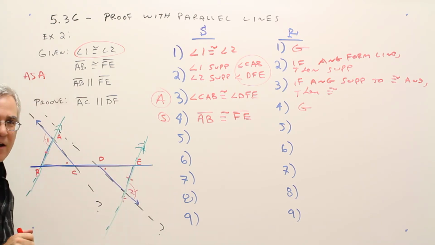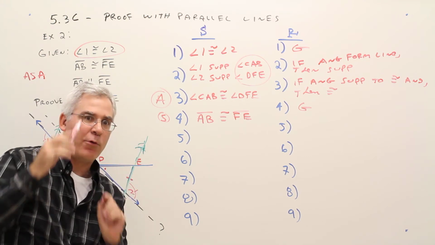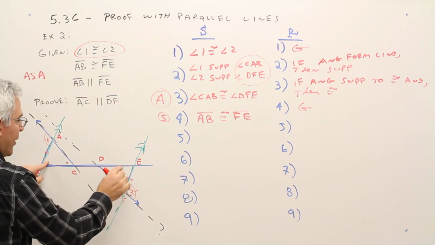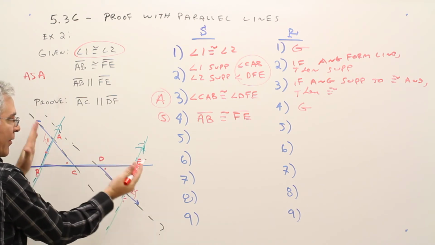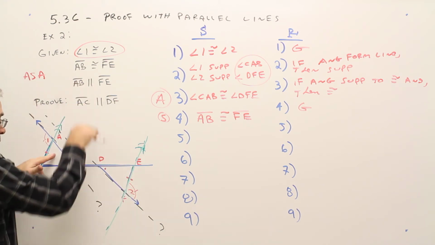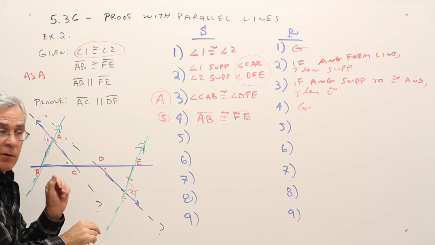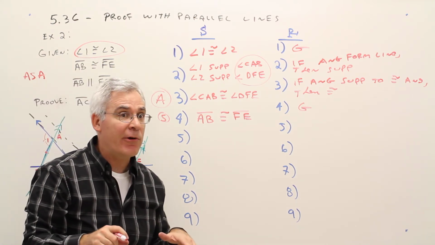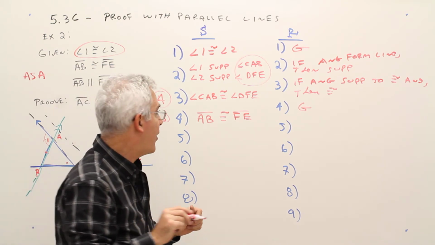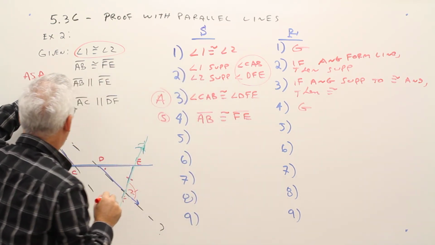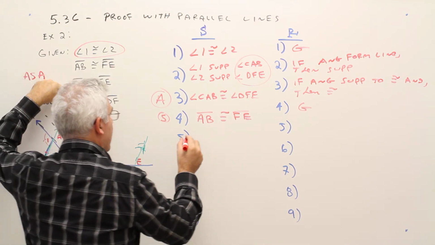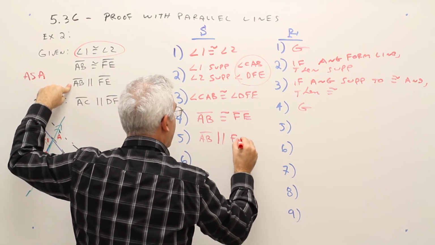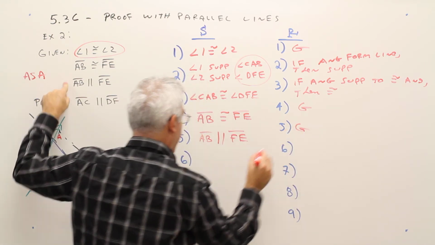So again, it's kind of hard for students when the parallel lines are not horizontal, but you've got to get used to it. So this angle here and this angle here, they're on the interior and they're on alternating sides of that transversal. Okay, so if those lines are parallel, I'll get those alternate interior angles to be congruent, and you've got to make sure you label those correctly. So I better start with saying that the lines are parallel. So AB is parallel to FE, that was given.